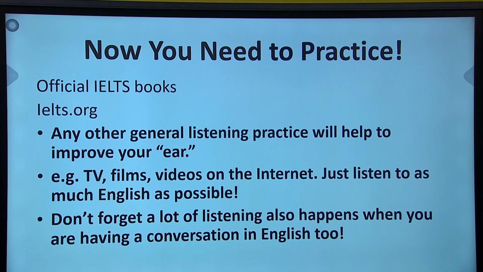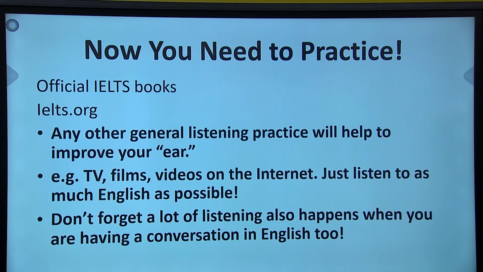You're going online, for example, to IELTS.org. In fact, there are many other sites online. But the key as well is to remember it doesn't have to be an IELTS listening in order to develop your ability. Any other general listening practice will help you develop your ear for listening.